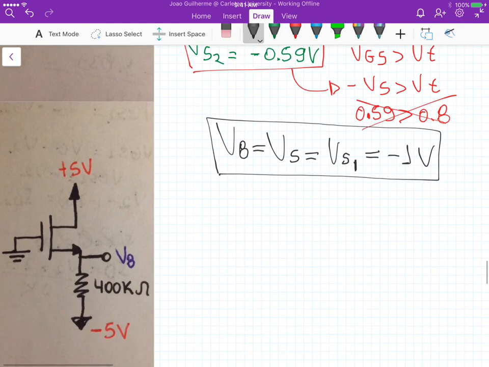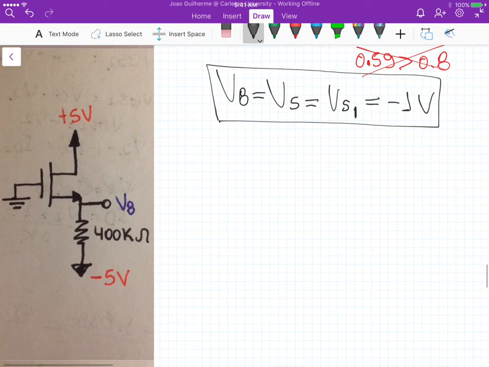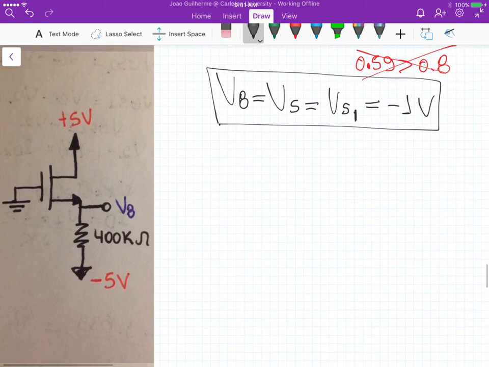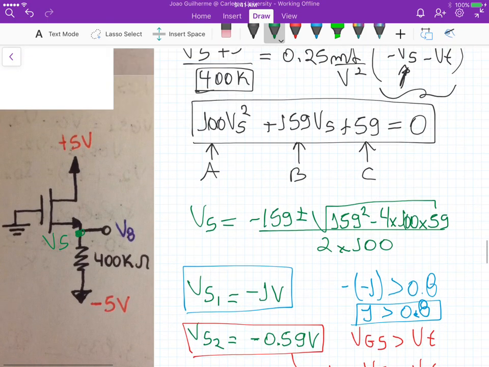So let's verify the second condition for saturation mode operation. That condition is that VDS should be greater than the overdrive voltage. Now what's the value of the overdrive voltage?